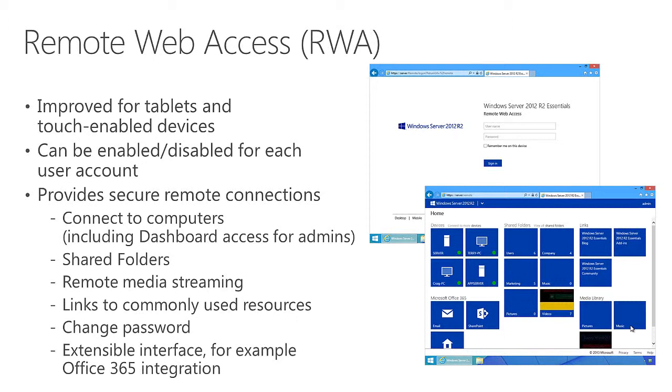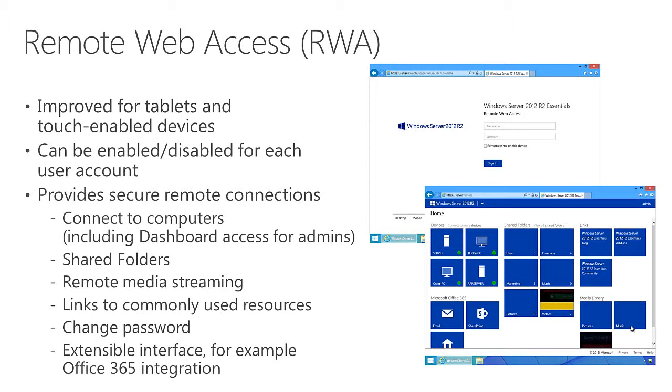It also provides access to the shared folders in the environment, and you can optionally install a media streaming component. We talked about that in a previous module, how you can install that on the server, and this will let you stream music and video for the users through their web browser from that central server.